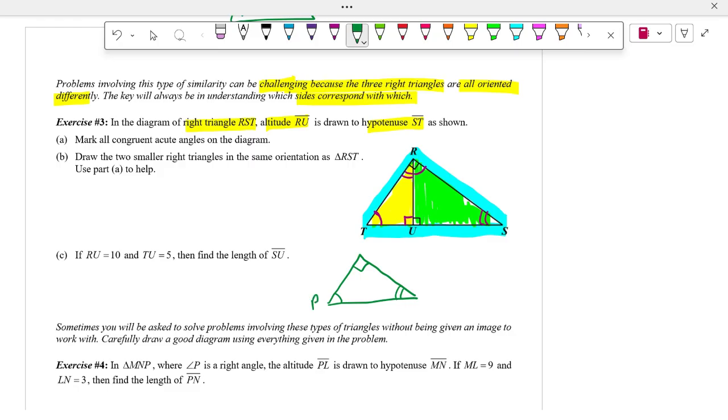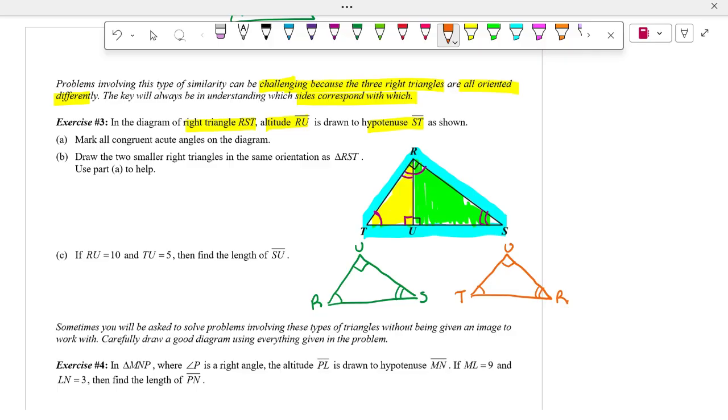R goes with the 1 tick, U goes with the 90, S goes with the 2 tick. Then my yellow one, which is slightly smaller: 90, 1 tick, 2 tick. T goes with the 1 tick, U is with the 90, R is with the 2 tick.